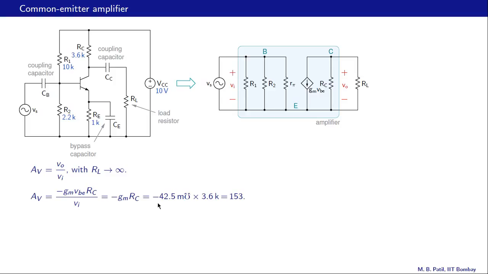So that turns out to be minus 42.5 millimhos, which we have computed earlier for this particular example, times 3.6 K, that is RC. That turns out to be 153. So that is the voltage gain when there is no load resistance connected, or when RL is equal to infinity.